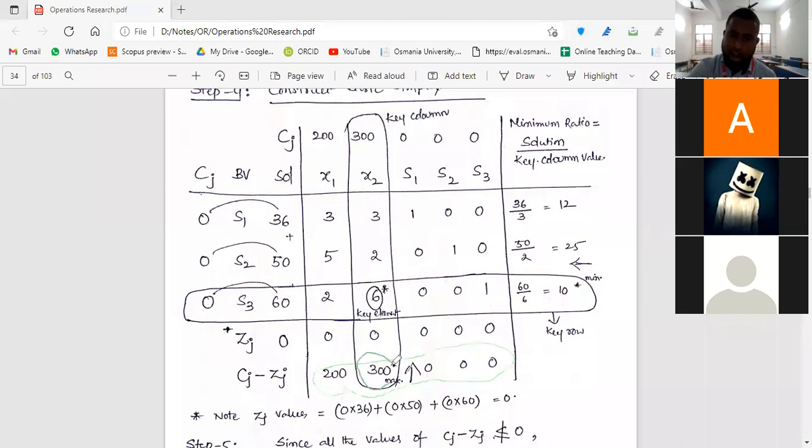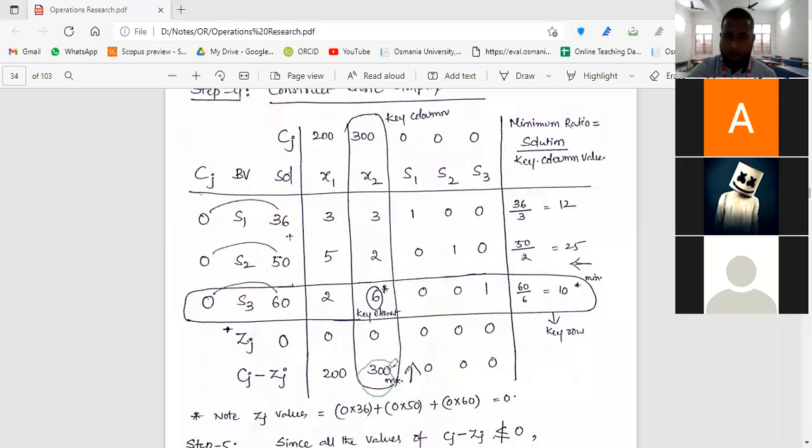So you have to select this 300. So you round off this particular column. This will become the key column, or pivot column, whatever you call it, the vital column, which is important. So you need to round off like this.